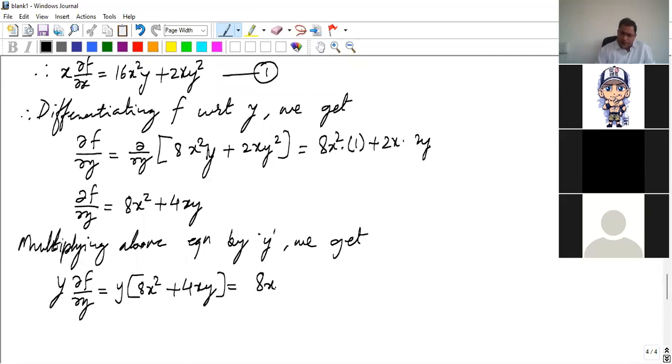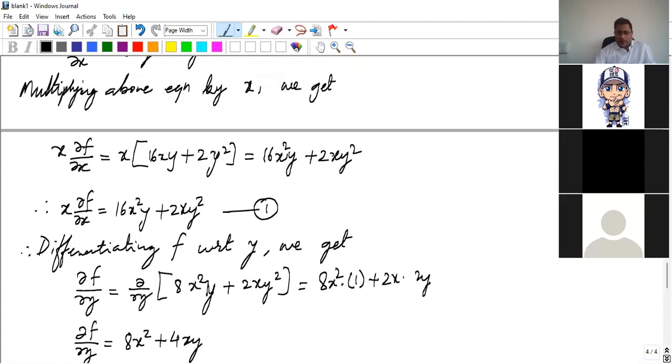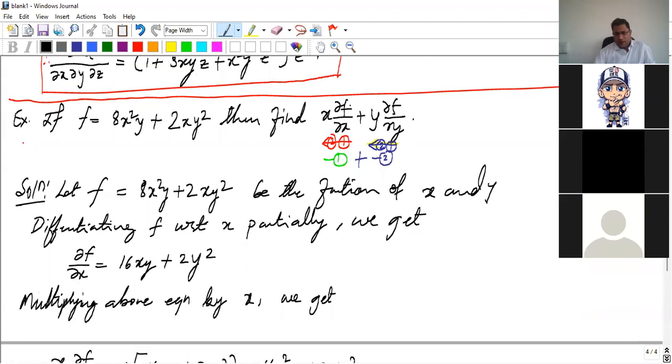So we can get 8x square y plus 4xy square. So we got y double f by double y is equal to 8x square y plus 4xy square. Let this be equation 2. So we got both the parts that we needed. We got this part, we got this part.